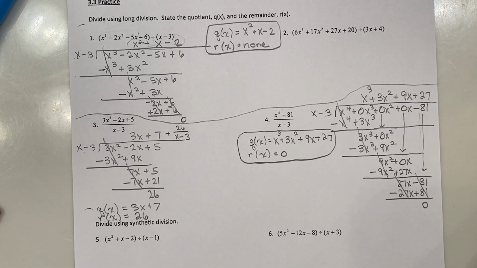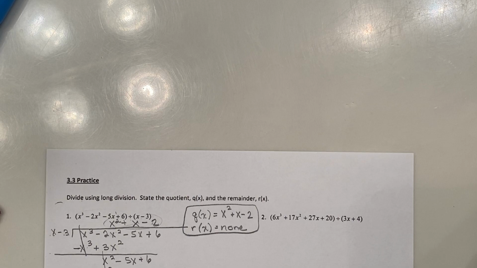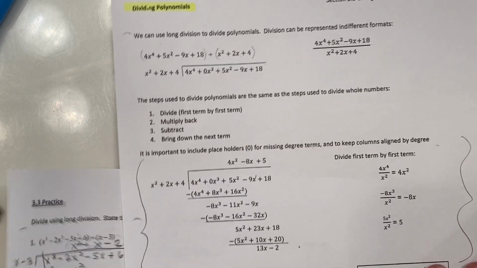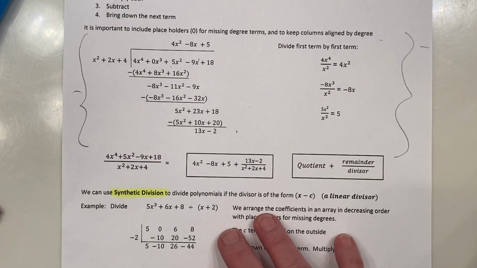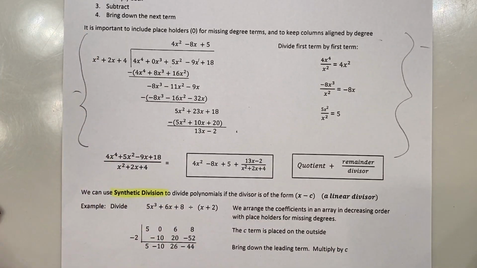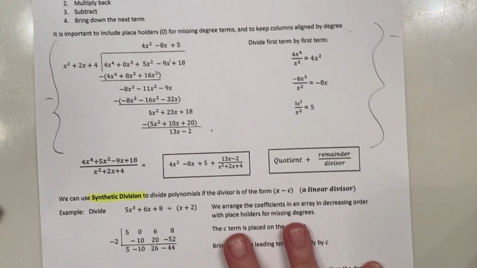All right, so that's polynomial long division. Okay, so now let's go back to our notes, the first page here. All right, so what about if we want to take a shortcut? Are there certain conditions of polynomials when we divide where we could do a shortcut? Yes, there is.